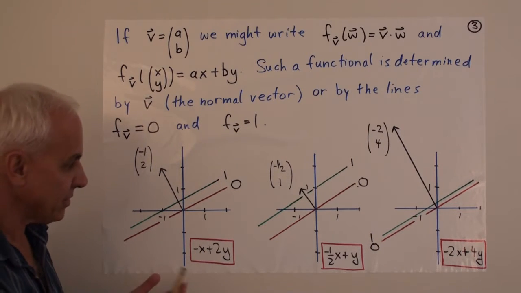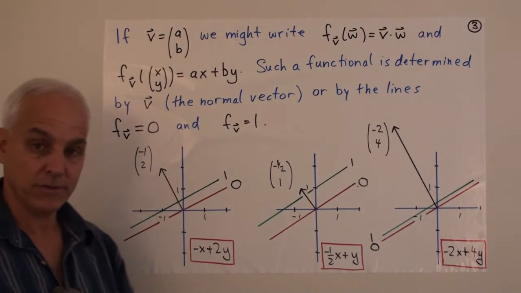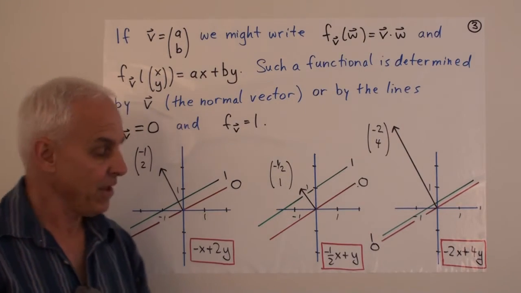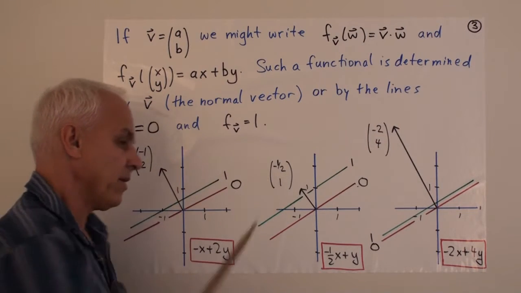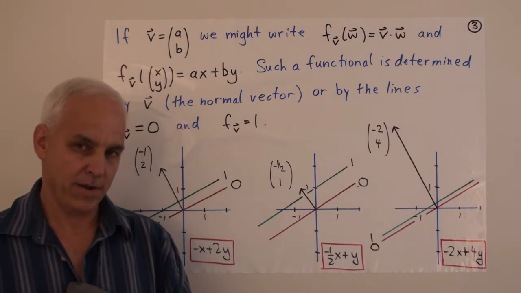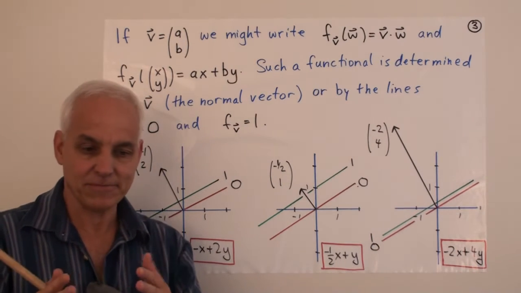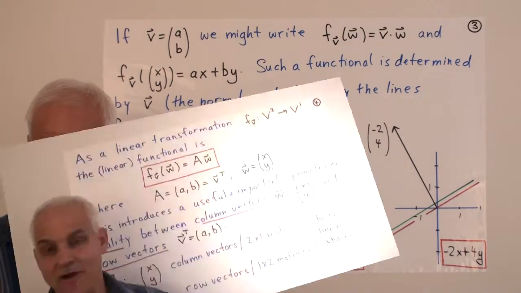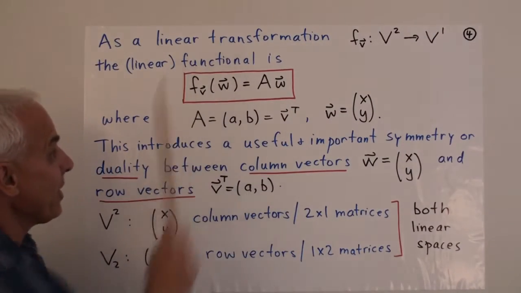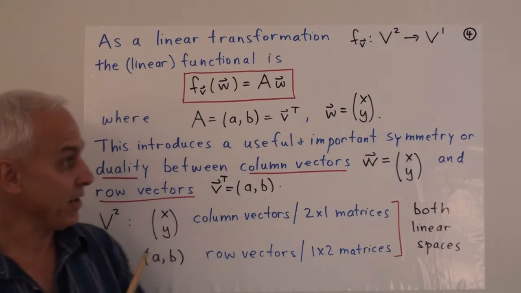So this gives us two ways of thinking about a linear functional. One is in terms of the normal vector, which completely determines the functional. Another is in terms of the kernel and where the function takes on the value 1. Those two lines also give us a complete geometrical description of the functional. Now, I've mentioned that a linear functional can be thought of as a linear transformation of a relatively simple kind.